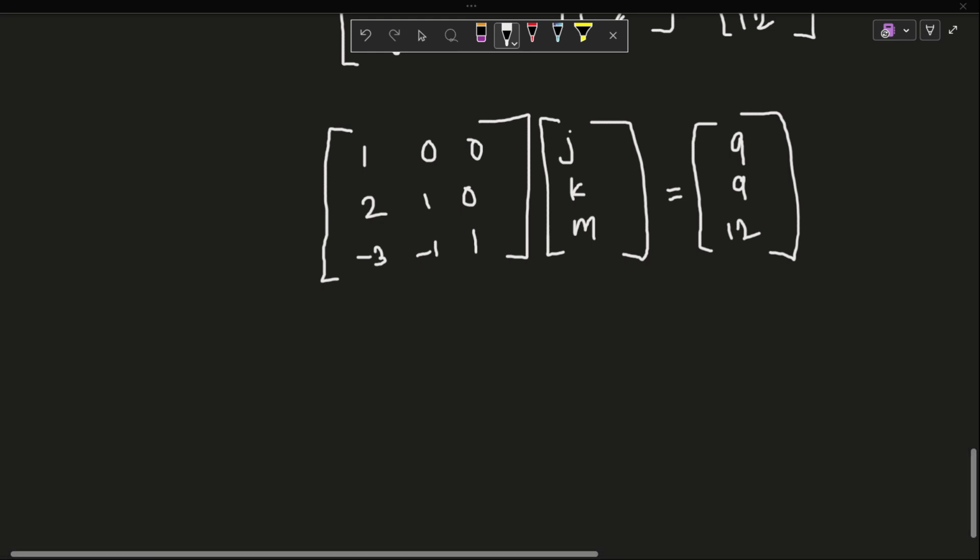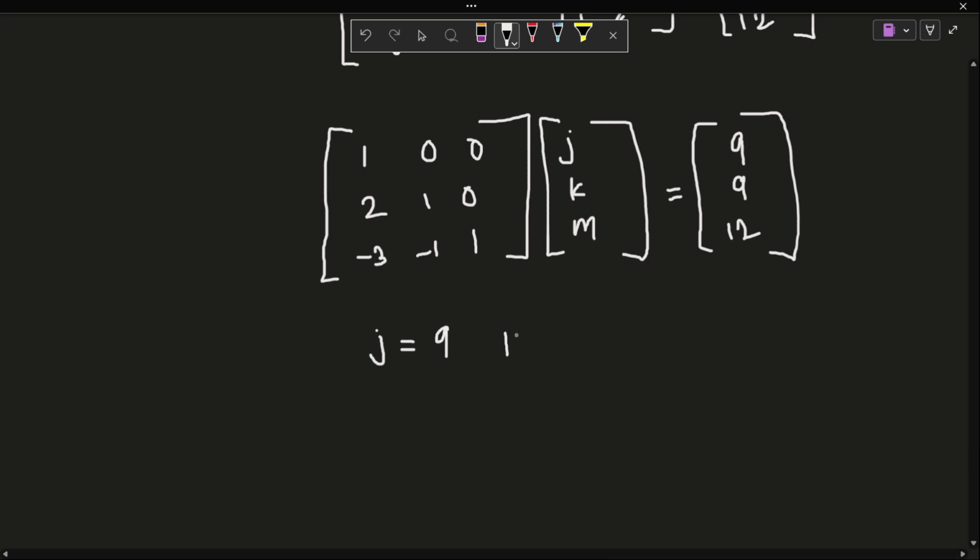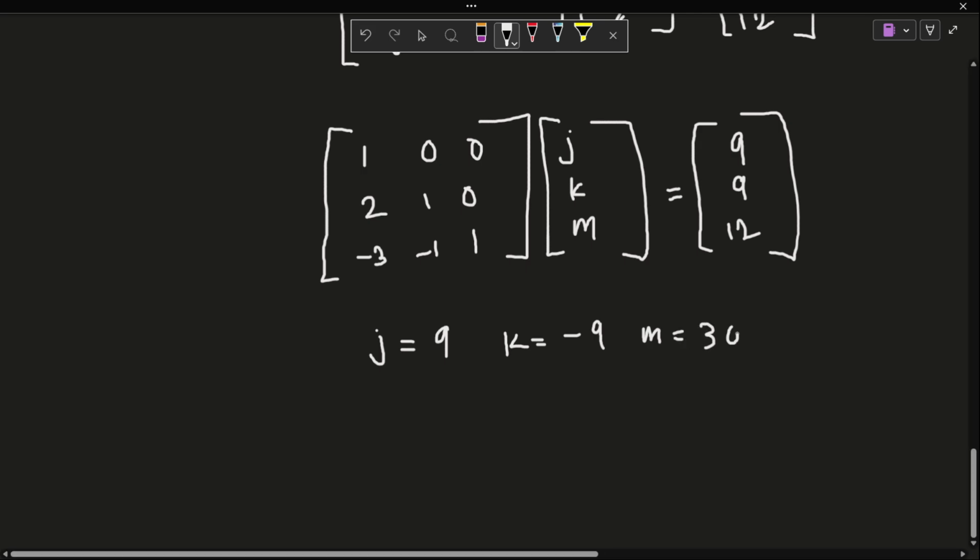And so if you were to solve for j, k, m, you would get that j equals 9, k equals minus 9, and m equals 30.